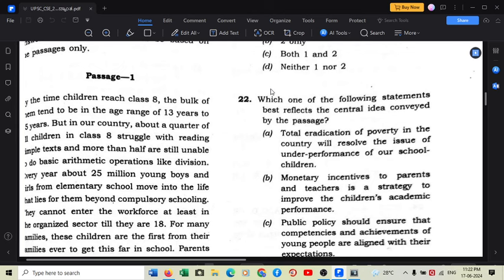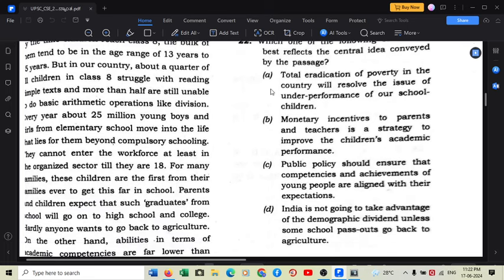No, it is not the strategy, because it is not only monetary incentives, it is also the social attitude of the parents which will be important here. Both parents and teachers have a big influence. So just providing them incentives does not mean that they will educate their children more. They might use the money given by the government in other kinds of activities, right? So statement B is not correct.